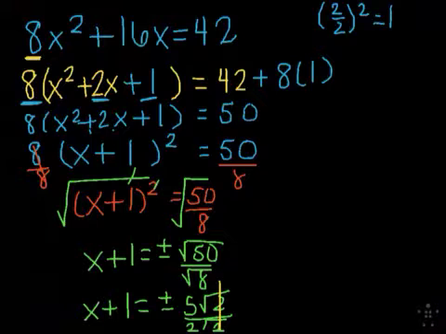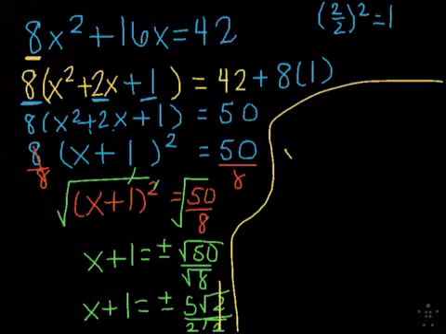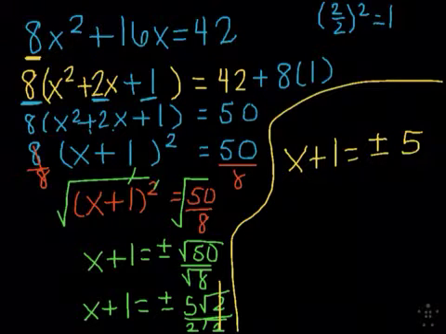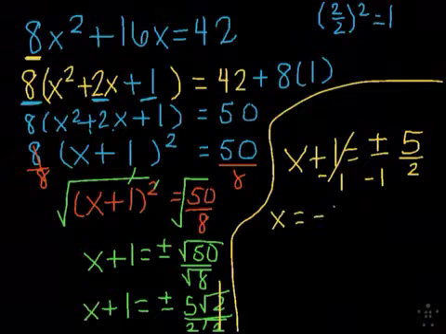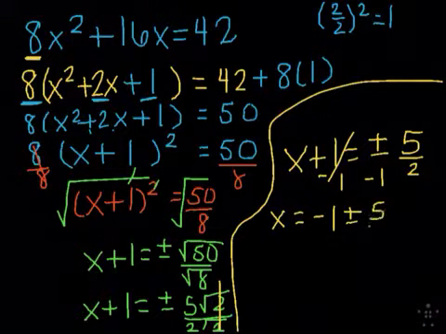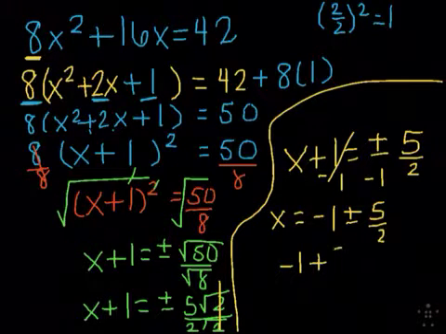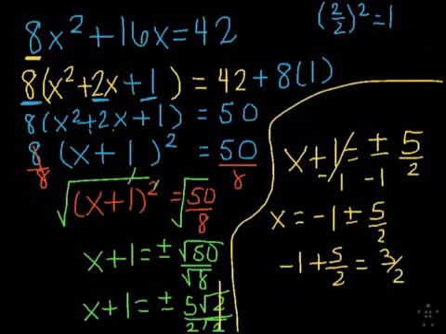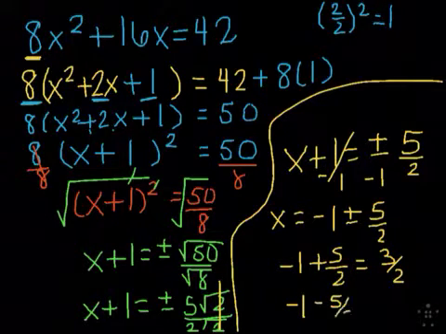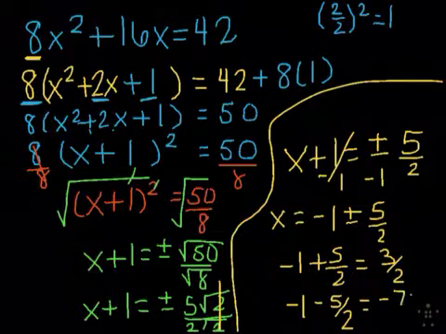So now I have x plus 1 equals plus or minus 5 over 2. Subtract 1 on both sides. So x equals negative 1 plus or minus 5 over 2. So that means negative 1 plus 5 halves, which equals 3 halves, or negative 1 minus 5 halves, which equals negative 7 halves.